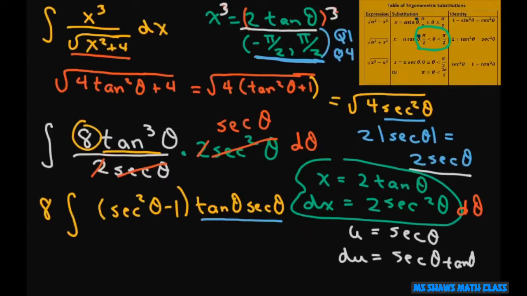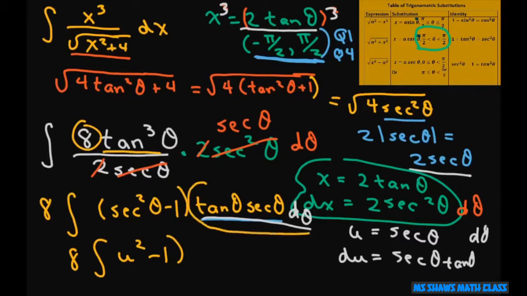Whoops, sorry about that, I'll put the d theta up there. So this part is just going to be your du. So when you use substitution, you're going to get 8, and this is going to be u squared minus 1, and this whole thing is just du.